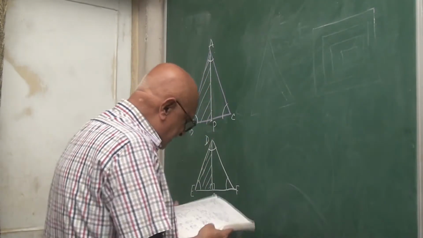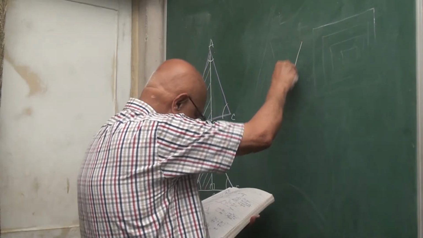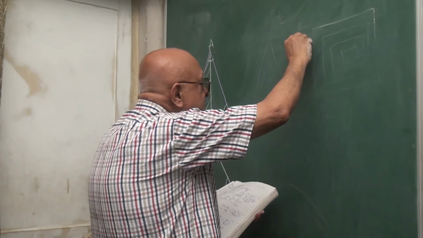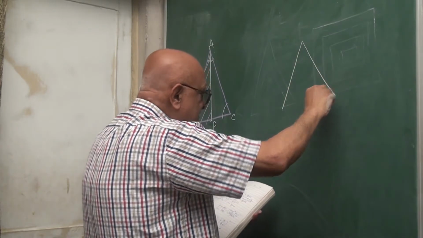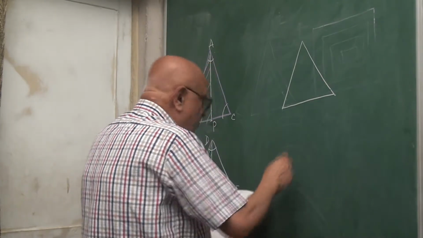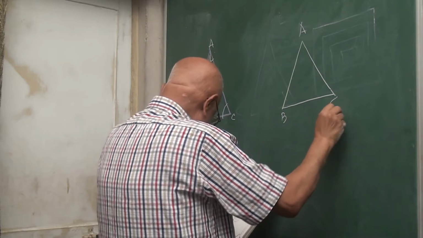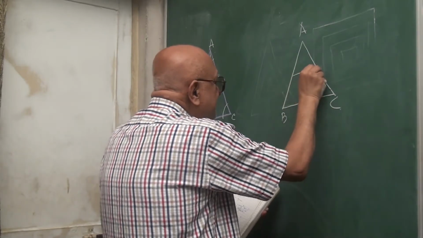Let us say I have a triangle. This is called ABC, and this is a line PQ.